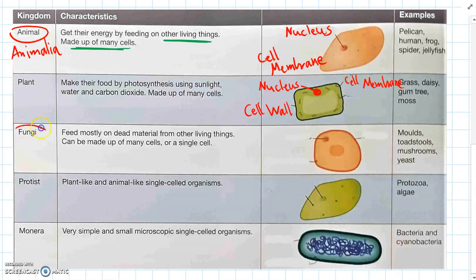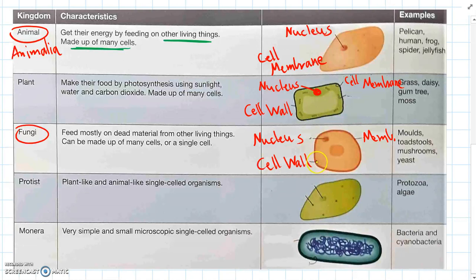If we look at the fungi kingdom now, fungi cells, they also have a nucleus, and they have a cell membrane, and just like plants, they have a cell wall too.